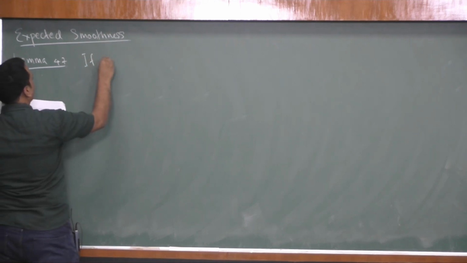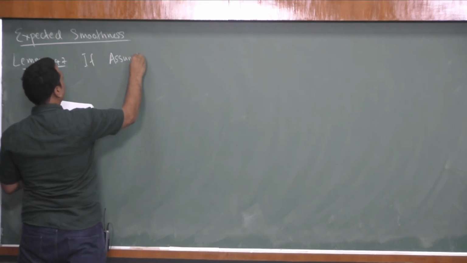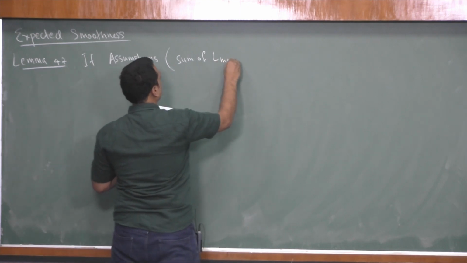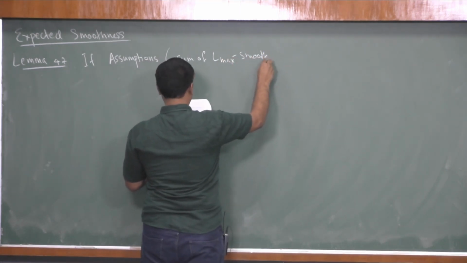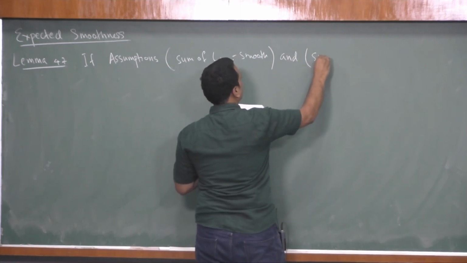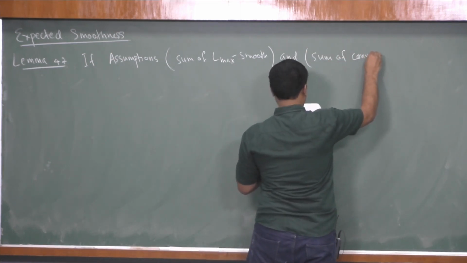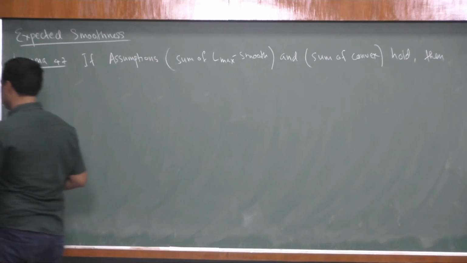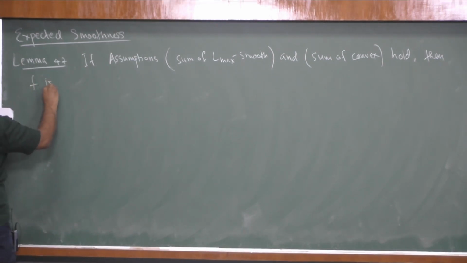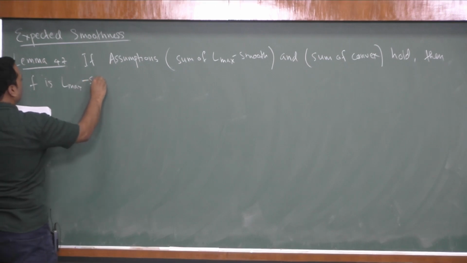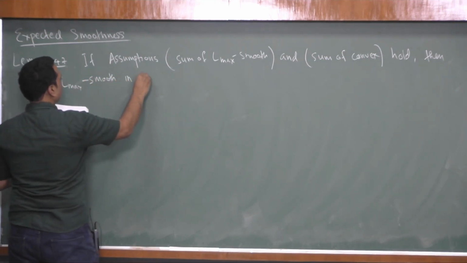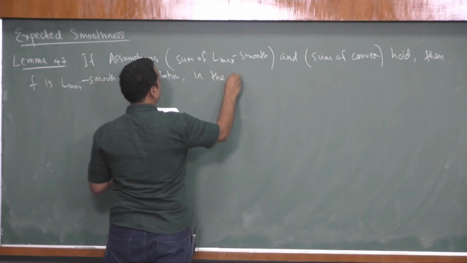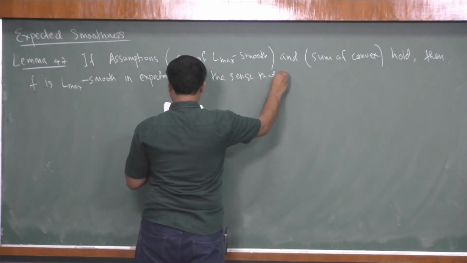If the assumptions of sum of L max smooth and sum of convex hold, then F is L max smooth in expectation, in the sense that, so we define that.